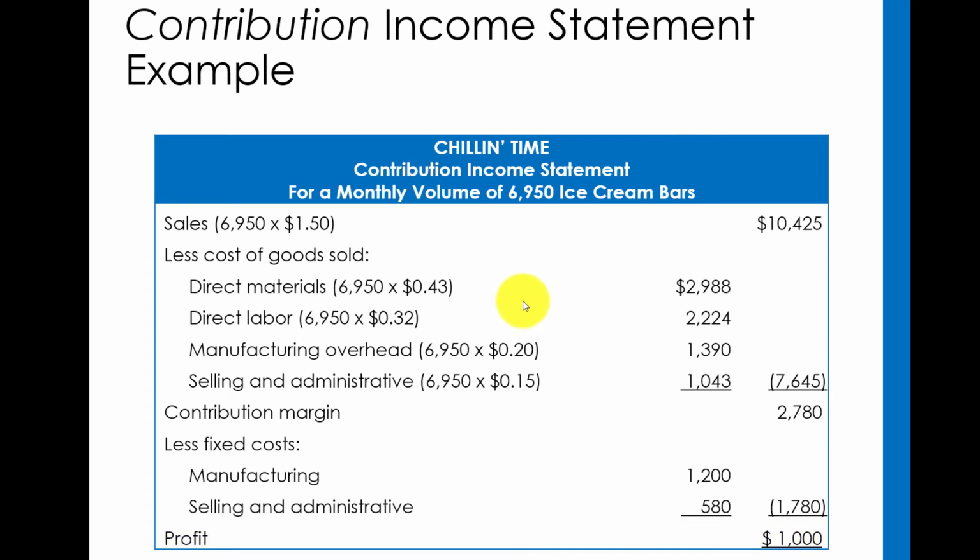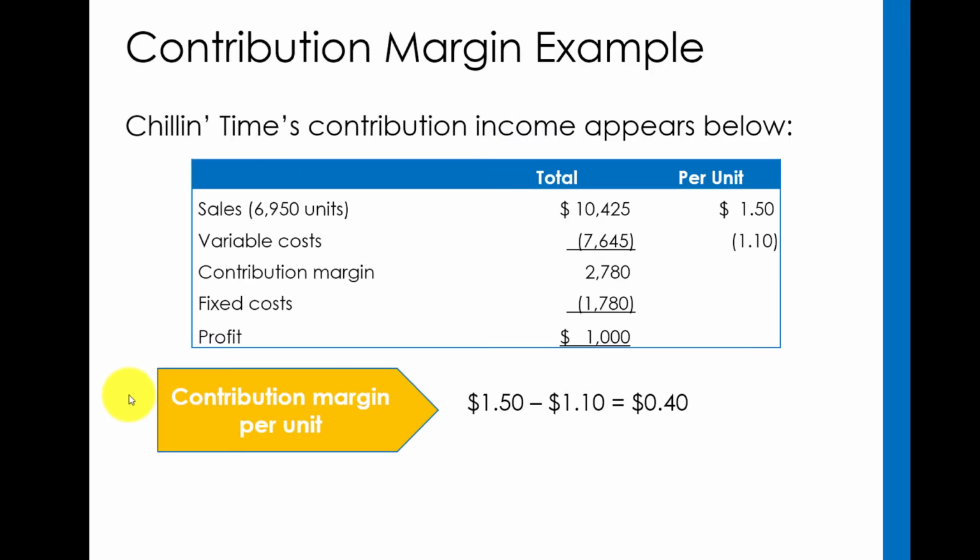So as you can see here, we have sales or revenue, but we're subtracting variable costs to arrive at contribution margin, and then we subtract fixed costs. So we're separating the costs by their behavior. You end up with the same profit, of course, but it's a very different presentation, much more useful for you as a manager.